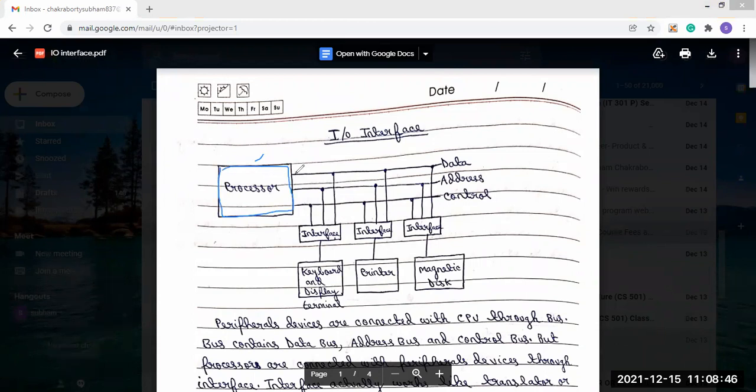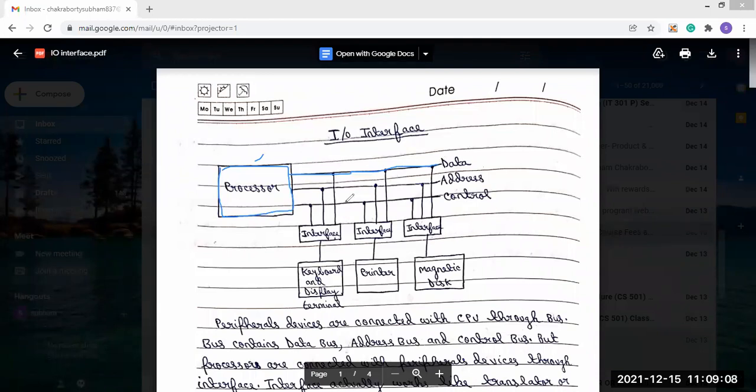This processor has a bus. We know that in our system we have three types of bus: data bus, address bus, and control bus.